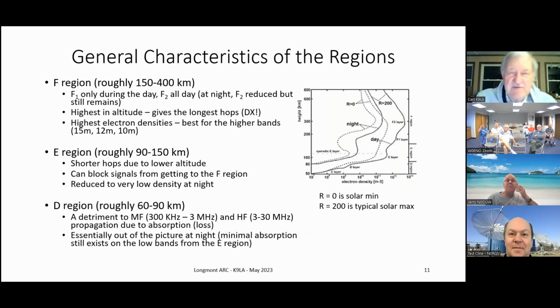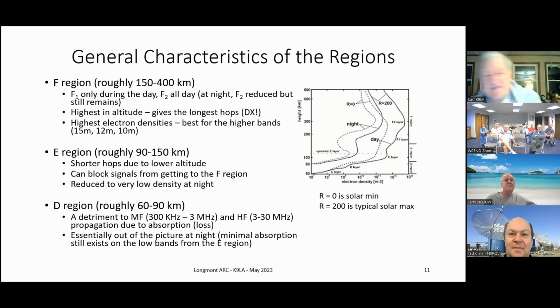So here's some general characteristics of those regions. The F region is roughly 150 to 400 kilometers high. F1 region is only during the day. F2 is all day. And at night, as we saw in that previous slide, the F2 region is still there. It's kind of reduced, but it's still there to give us nighttime propagation.